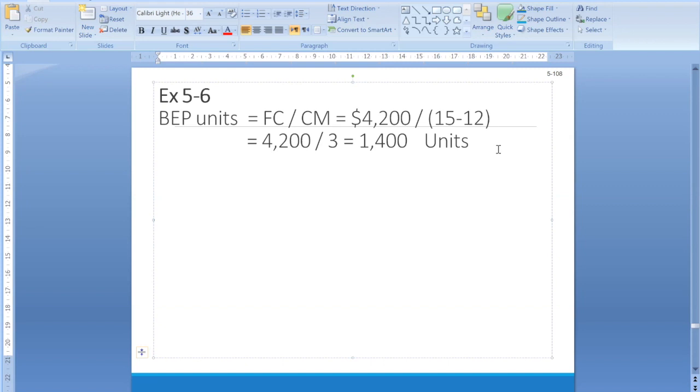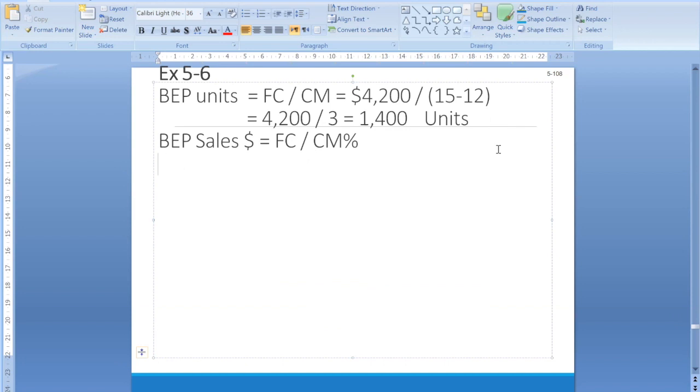So the break-even point in dollar sales, using also the formula method. So break-even point in sales dollars equals the fixed costs divided by contribution margin ratio.